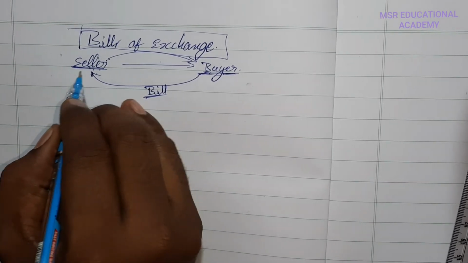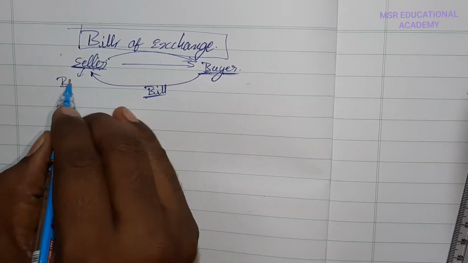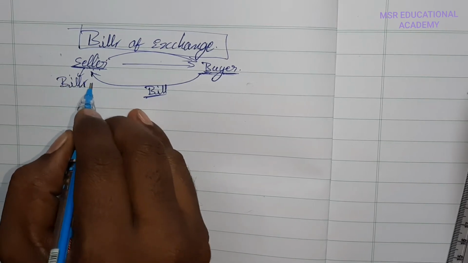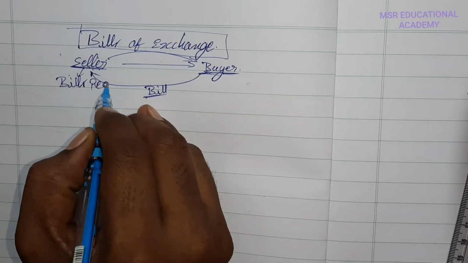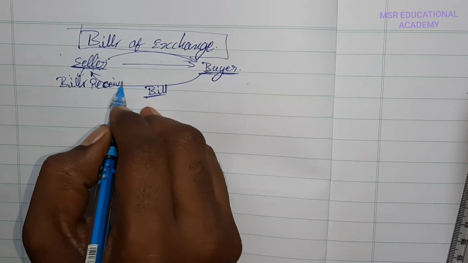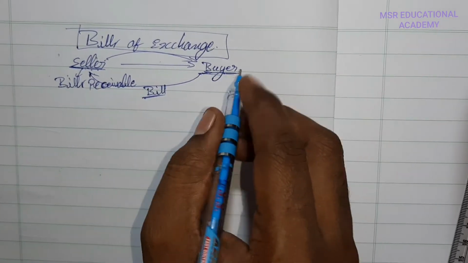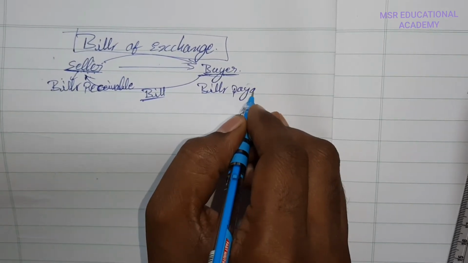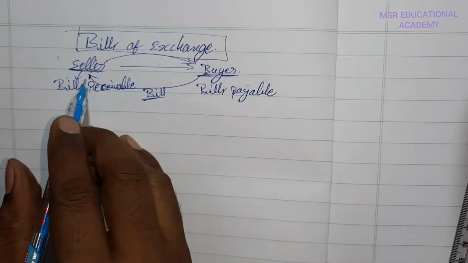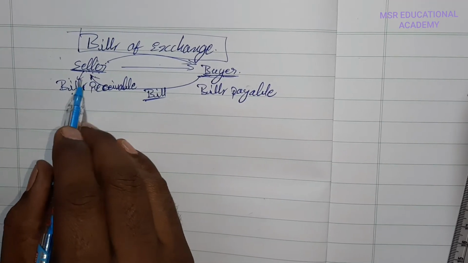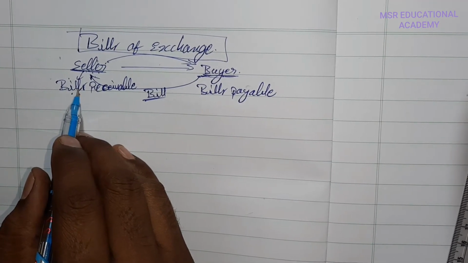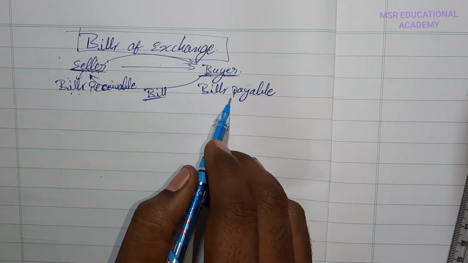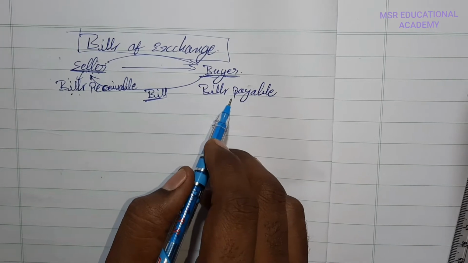So finally, from the seller's point of view it is bills receivable, and from the buyer's point of view it is bills payable. The seller receives the bill, no? So for the seller it is bills receivable, and for the buyer it is bills payable.